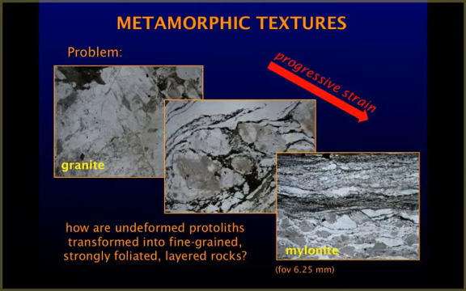And if the strain is high enough, you'll actually see increased amount of deformation, finer crystal sizes, more elongate, more deformed minerals in the same ways that I've shown you already, into a mylonite. So mylonites are forming in very high strain zones.